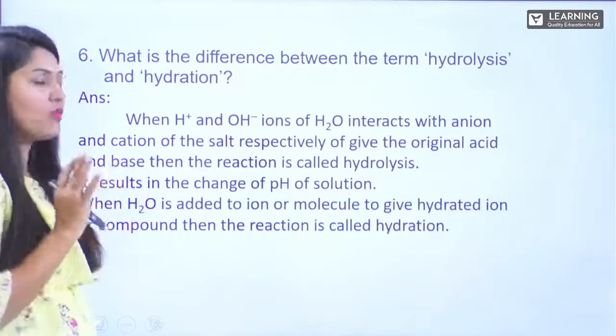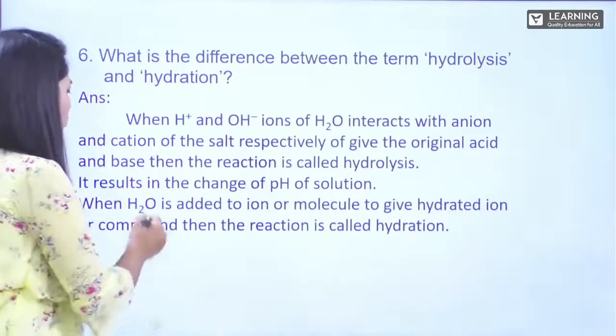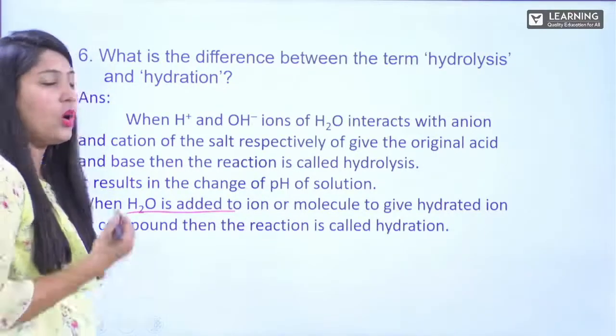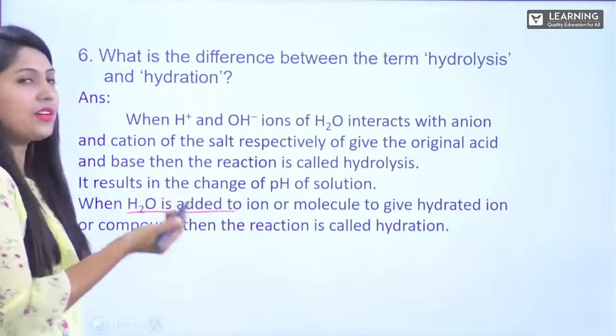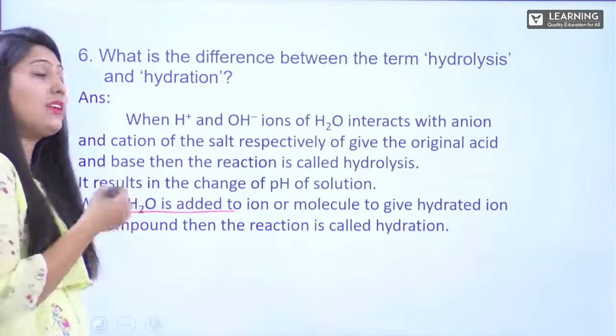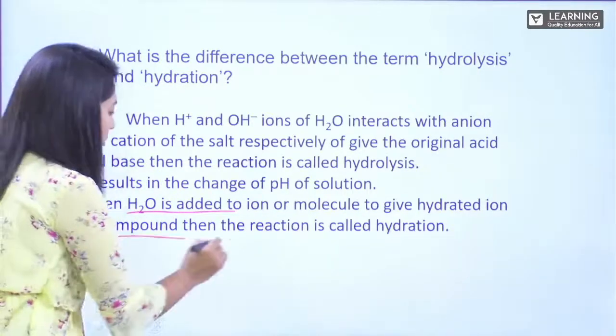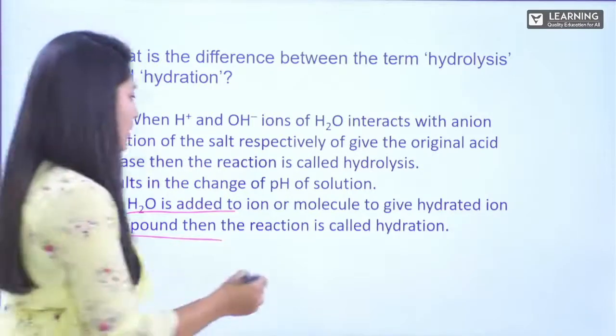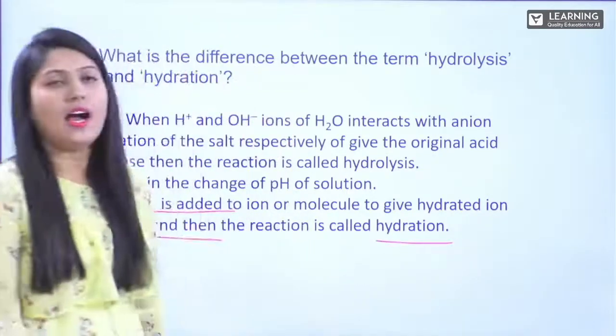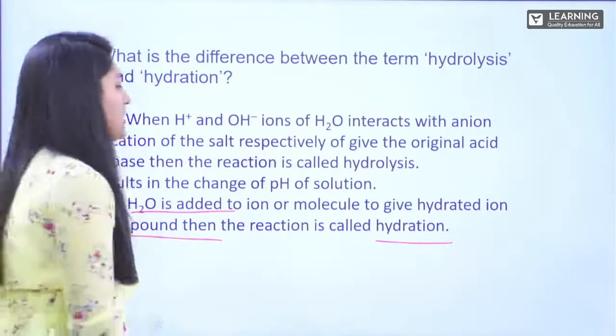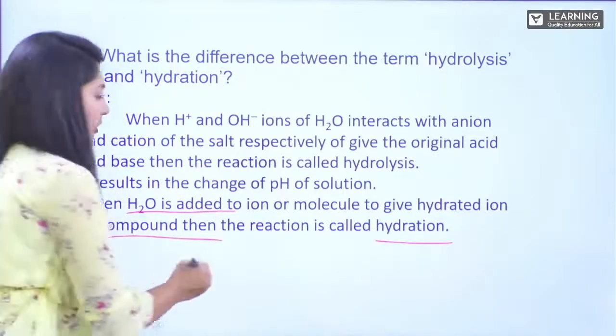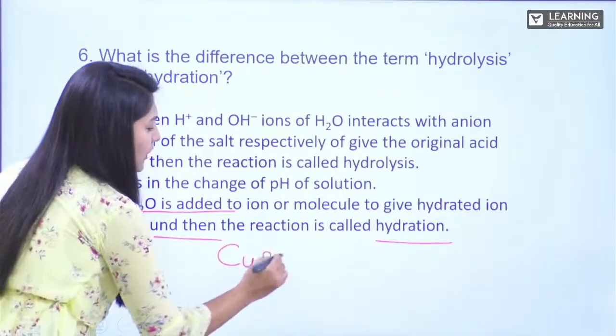pH means potential of hydrogen. So when water is added to ions or molecules to give a hydrated ion, or a compound, when reacted, we get hydration. Hydration means when you have a molecule, for example CuSO4, I'll take.